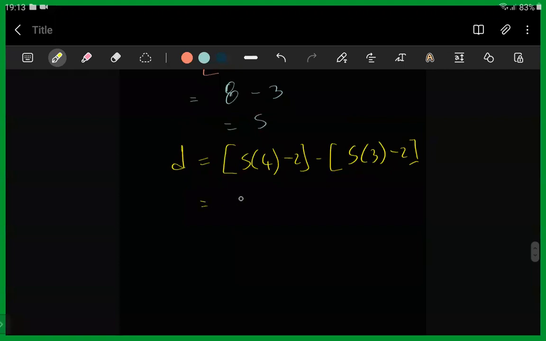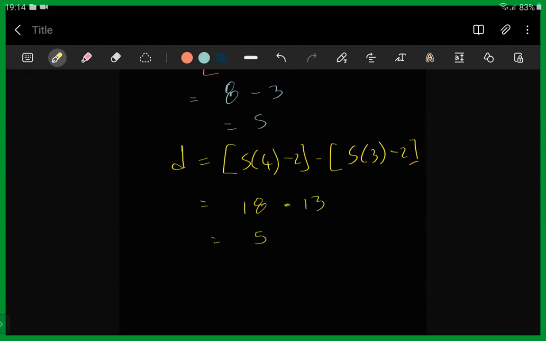Then you would have 20 minus 2, which is 18, and 15 minus 2, which is 13. 18 minus 13 is still a 5.